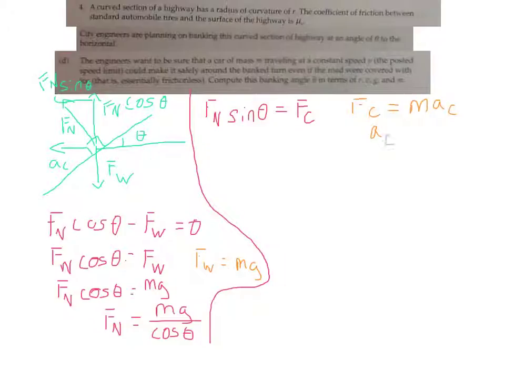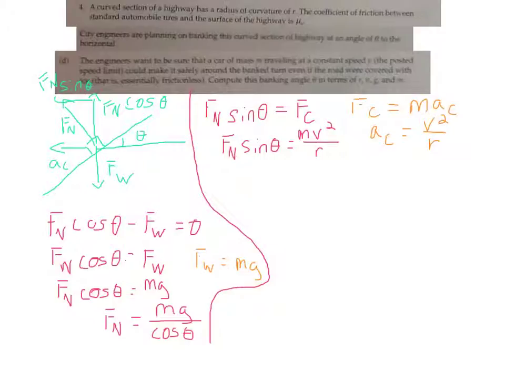And centripetal acceleration is equal to velocity squared over r. So, the normal force times sine of theta is equal to mv squared over r.